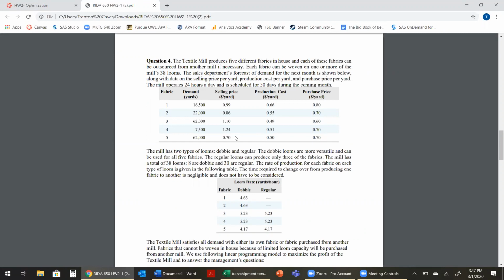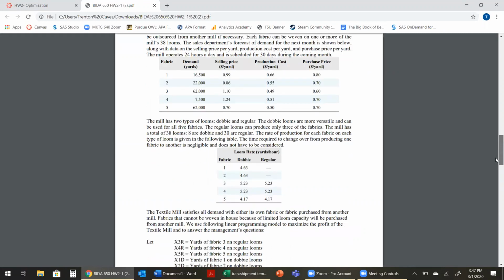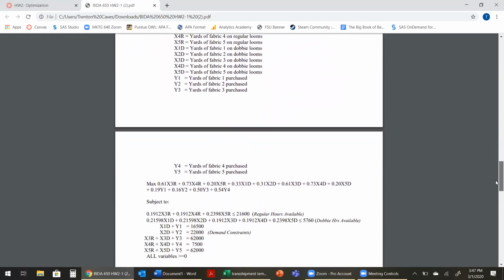So if we purchase any of product 5, we make 0 profit. So in our objective equation, you can consider it as plus 0 Y5. And that comes into play later when we're looking at our output.